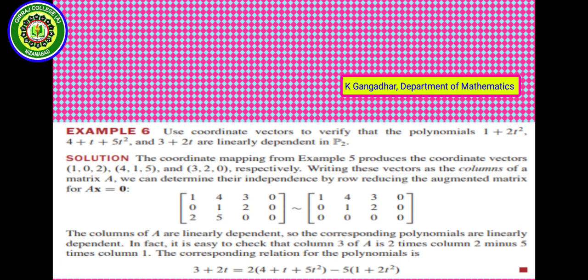So here the third vector is a linear combination of the first and second, which means the given vectors are linearly dependent, not independent.